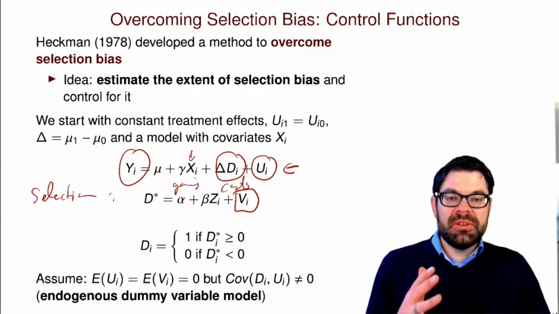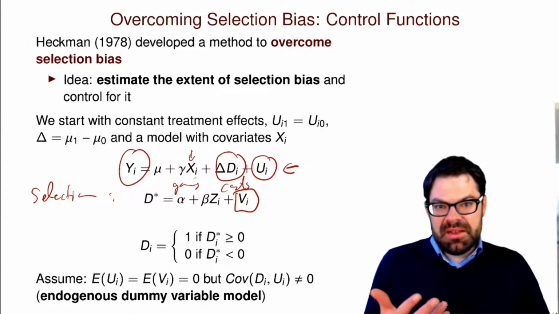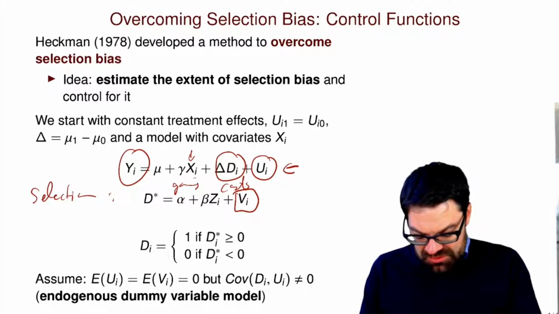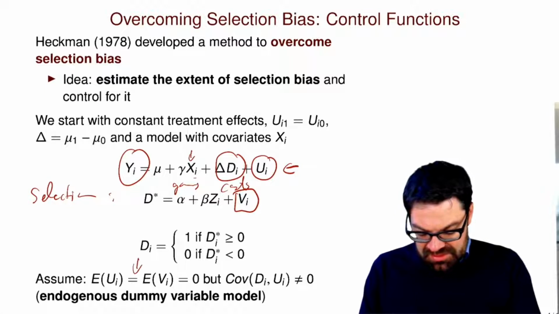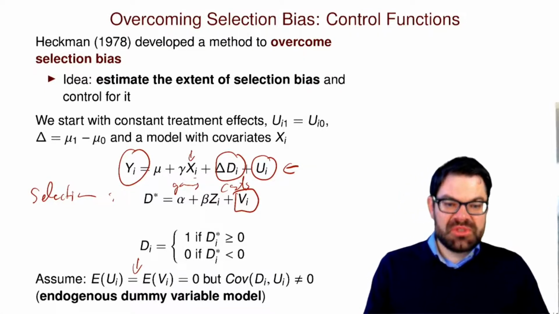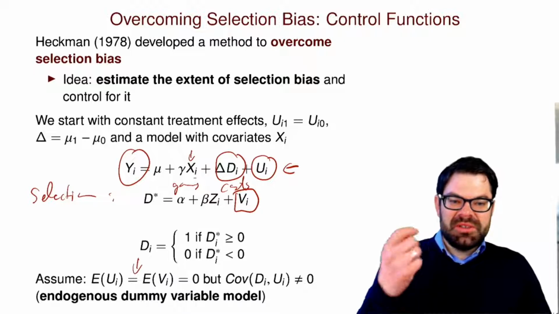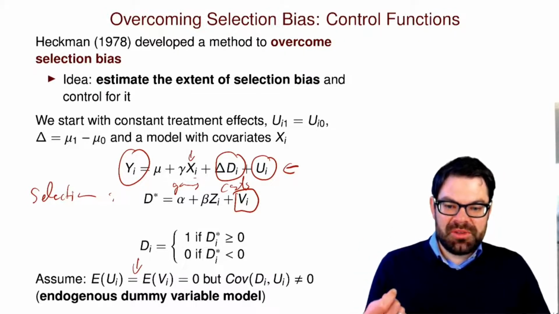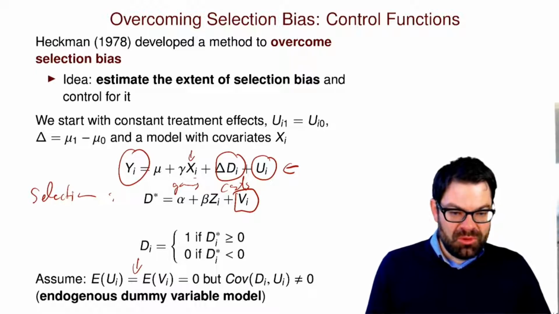What we also assume here, and these are the standard assumptions, otherwise the model would not be tractable or we would not have a selection bias, is we assume that these error terms, or these idiosyncratic cost parameters and idiosyncratic determinants of the outcomes, are mean zero.